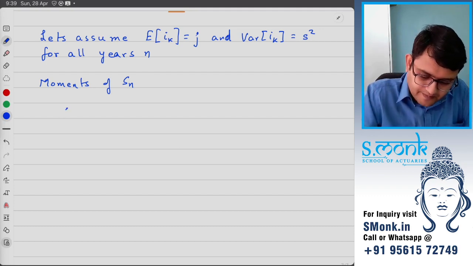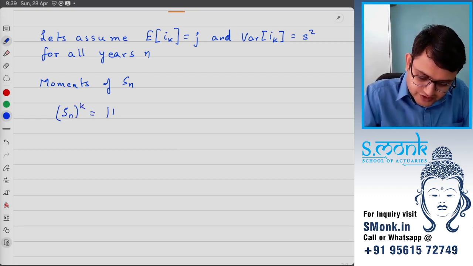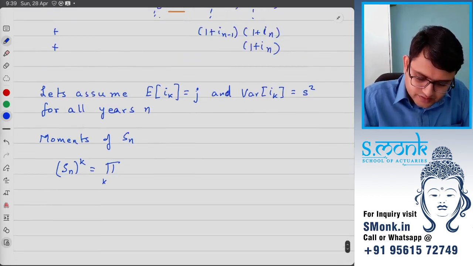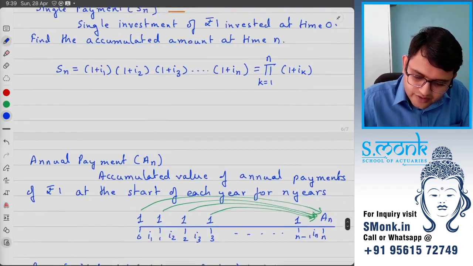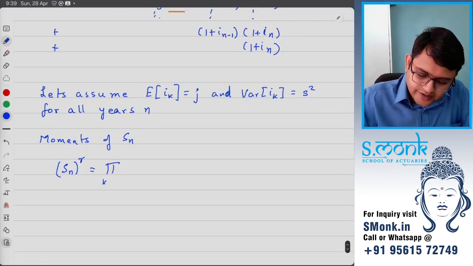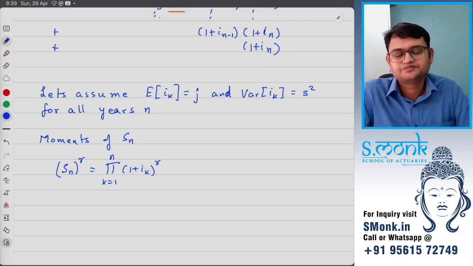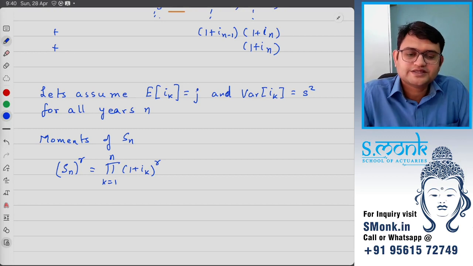So we'll say Sn raised to R. I'll just write R here because I had written K here for IK. So Sn raised to R will just be the multiplication, K going from 1 to N, of 1 plus IK raised to R. So this is what a moment of Sn would look like.